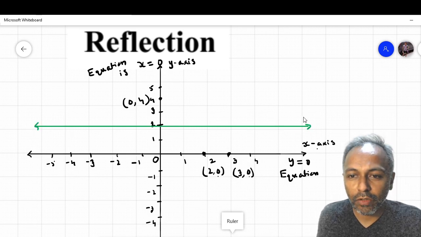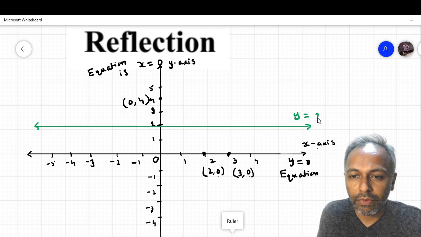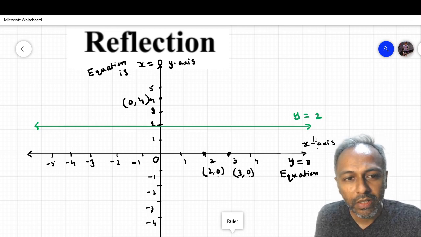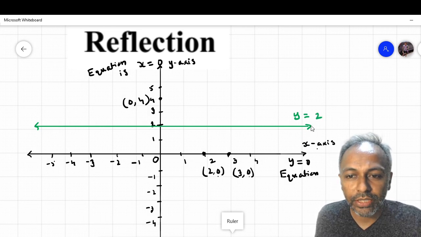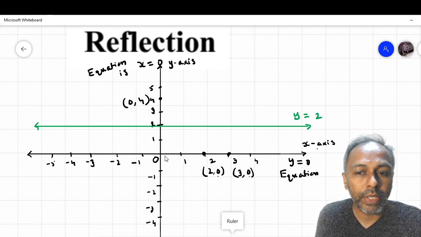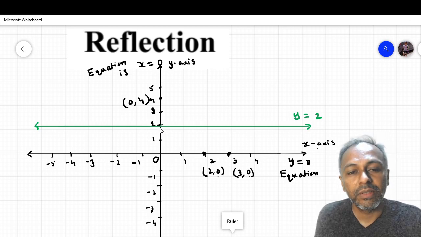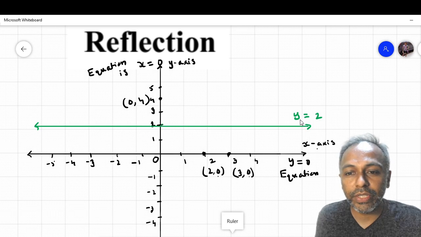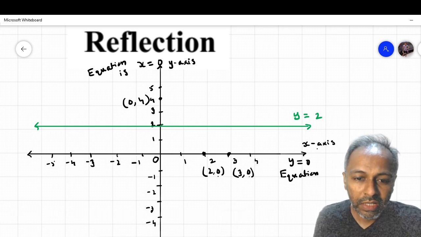Then the equation of this line is given by y is equal to 2. So how will you learn equations? If your line is cutting y-axis and it is remaining parallel to x-axis, then the point at which it is cutting the y-axis will become the answer in the equation as y equal to 2.